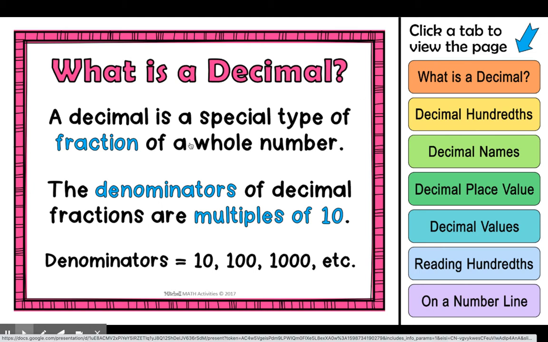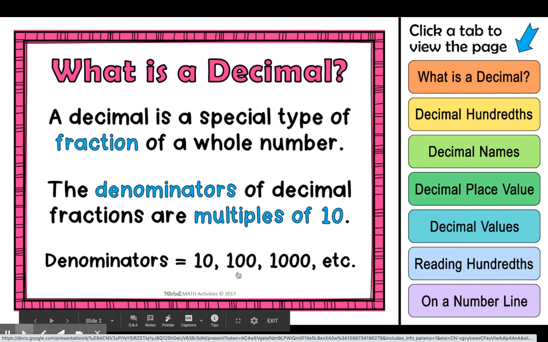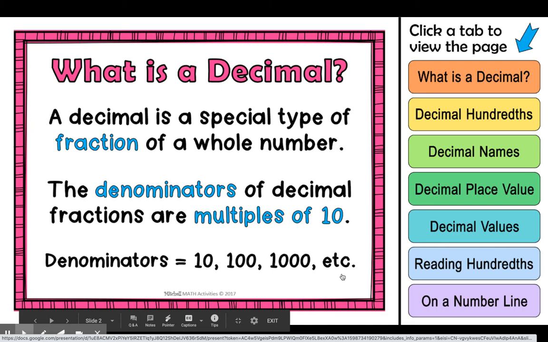And you know that when you're looking at decimal amounts, the denominator for your fraction is going to be either 10, 100, or 1,000. Or you could go higher than that, higher powers of 10. But in 5th grade, we pretty much work with tenths, hundredths, and thousandths.